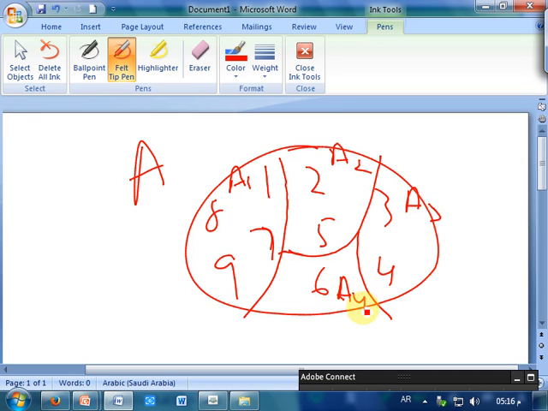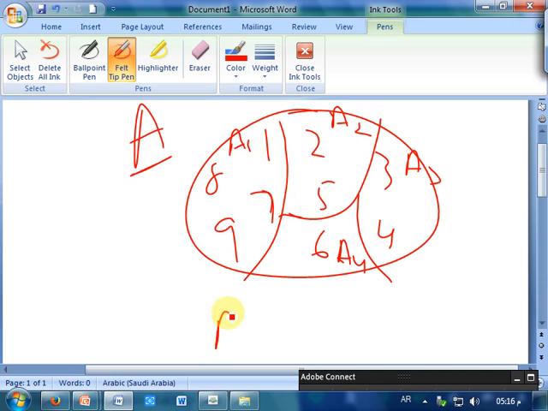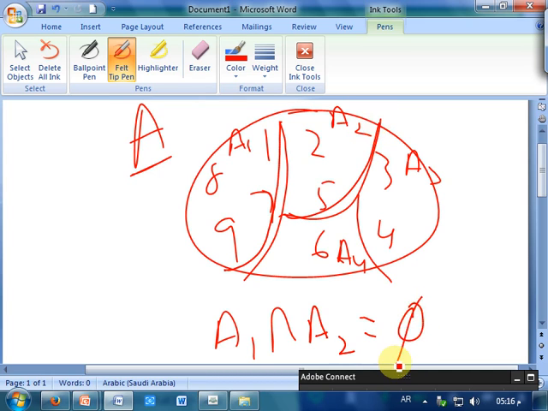If I union all of these, A1 union A2 union A3 union A4, I will get A: 1, 2, 3, 4, 5, 6, 7, 8, 9. If I intersect any two partitions, it gives null. For example, A1 intersection A2: the common element between A1 and A2 is null.